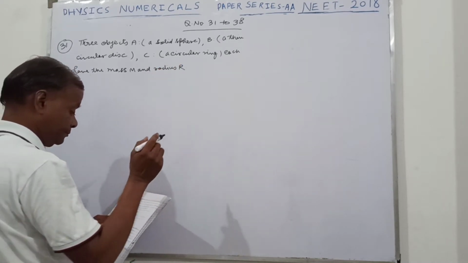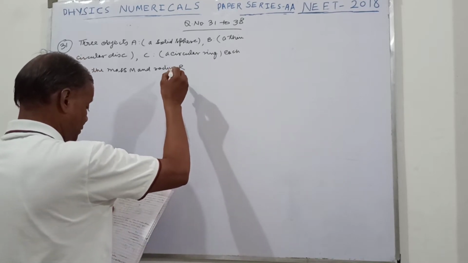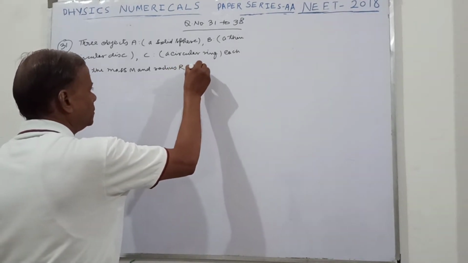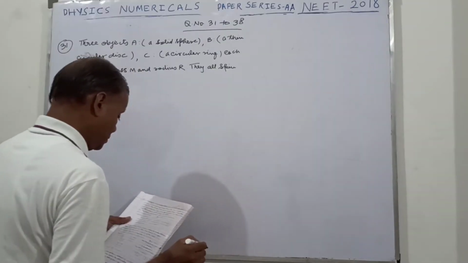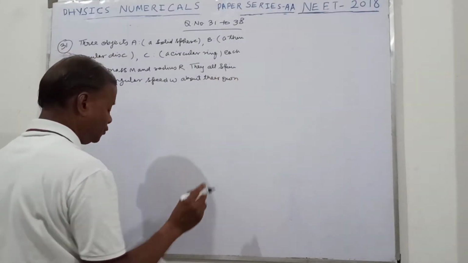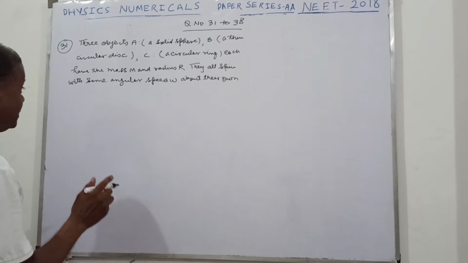They all spin with the same angular speed omega about their own symmetry axis.